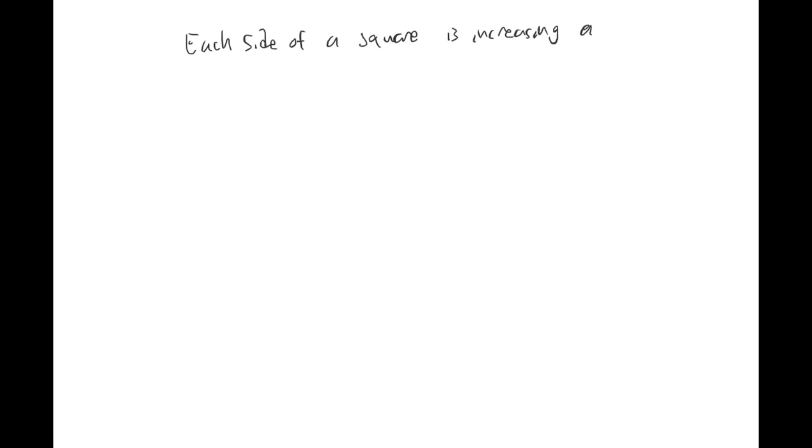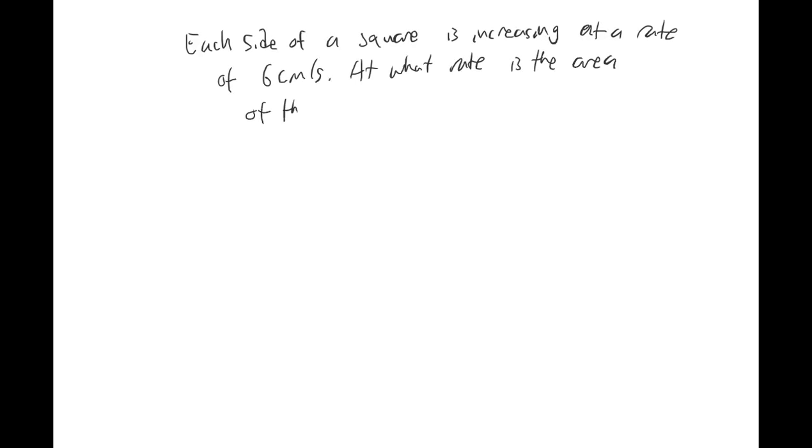The side of a square is increasing at a rate of 6 centimeters per second. At what rate is the area of the square increasing when the area of the square is 16 centimeters squared?